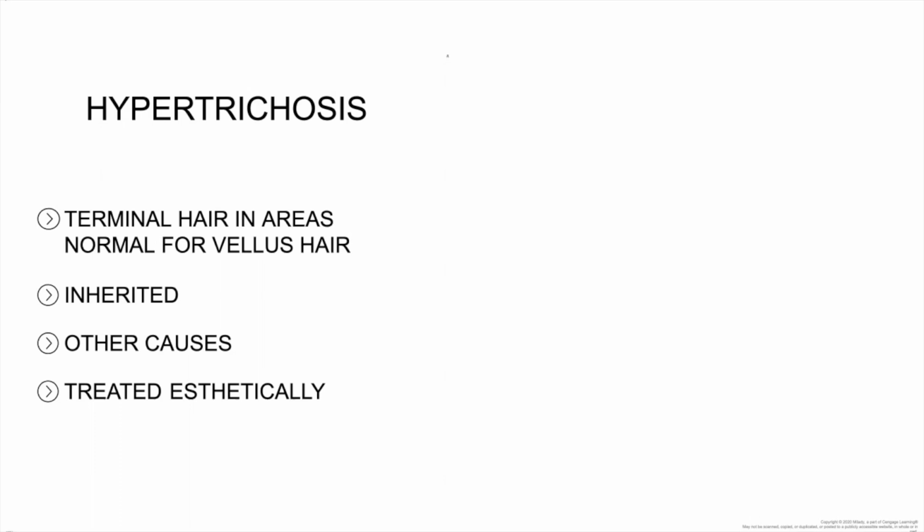So remember, a few slides back we talked about how removing hair at the anagen stage can risk the hair going from vellus to terminal. Well, hypertrichosis is terminal hair in areas that is normally vellus hair, so like the cheeks and the chin, the upper lip. In order for this to happen, it's an inherited or a genetic type of disorder, something that's happening in the body.